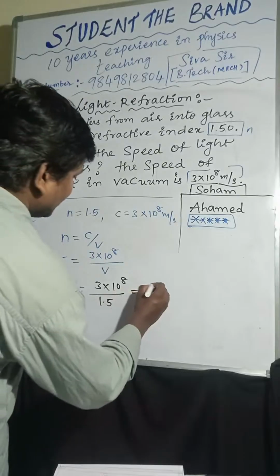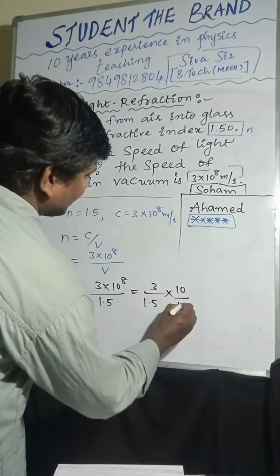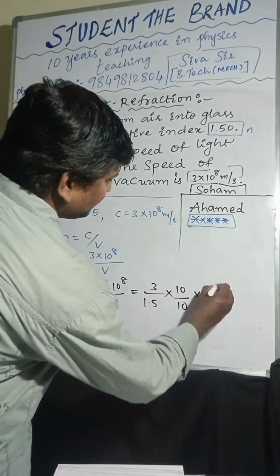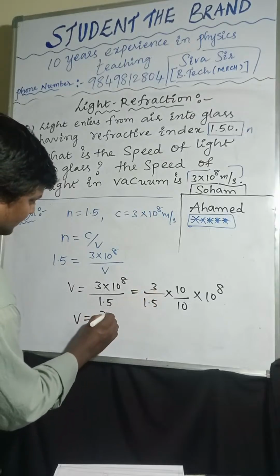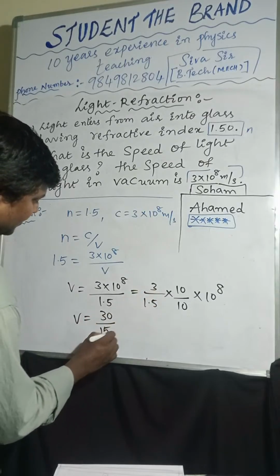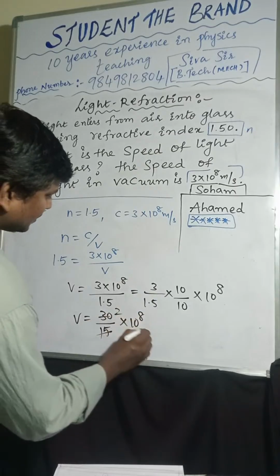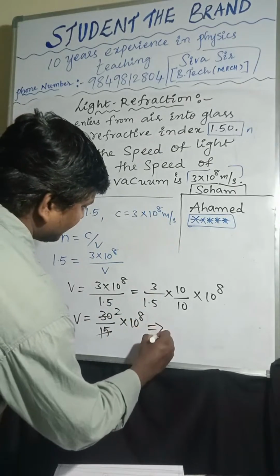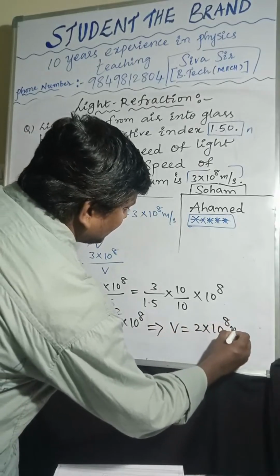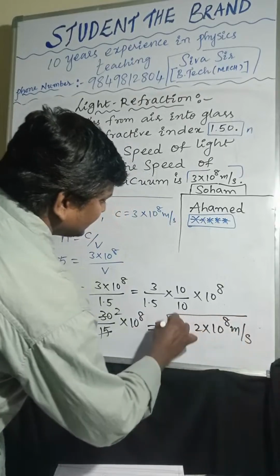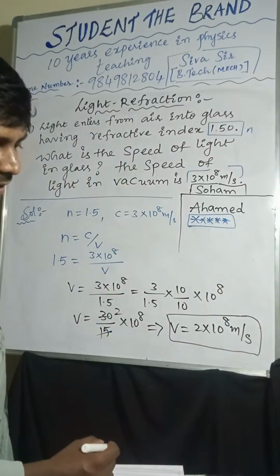You can do 3 by 1.5 directly also, but for understanding, in a simple way, I am taking 30 by 15 into 10 power 8. 30 by 15 is 2. So V equal to 2 into 10 power 8 meter per second. This is the answer. Ahmad got it, even Soham got it.